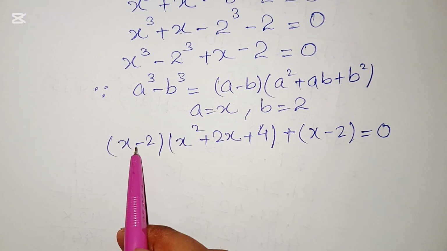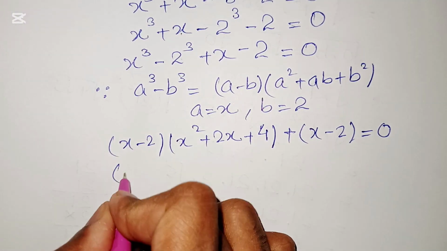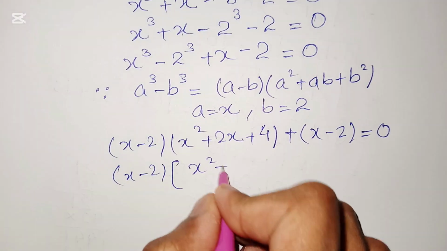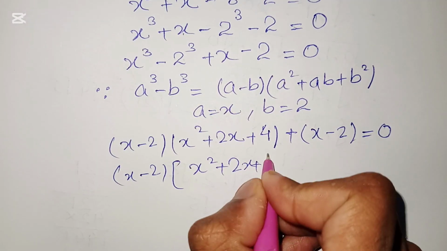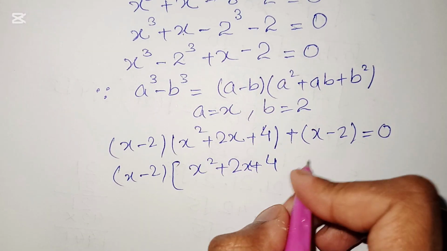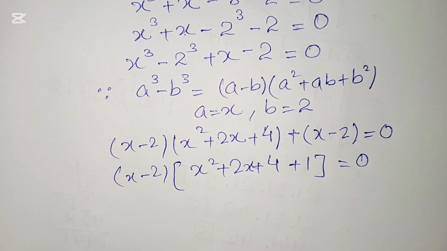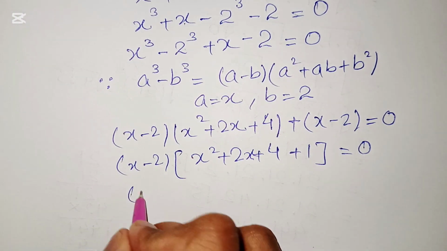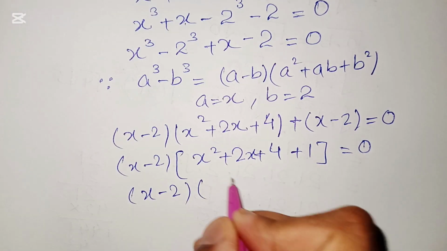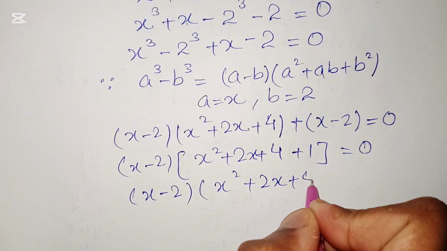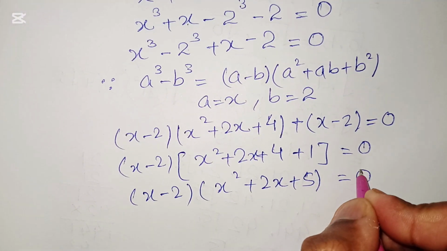Now we can take x minus 2 common, left with x square plus 2x plus 4 plus 1 is equal to 0. So it will be x minus 2 times x square plus 2x plus 5 is equal to 0.